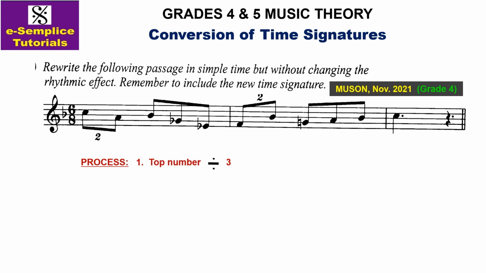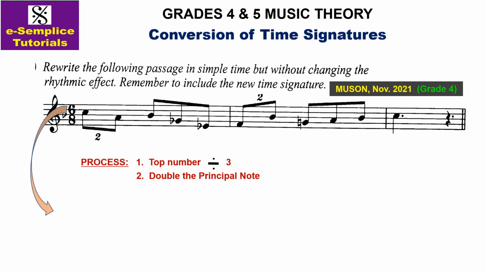Step 1. Top number divided by 3. Step 2. Double the principal notes. We are going from compound time to simple time, but without changing the rhythmic effects.